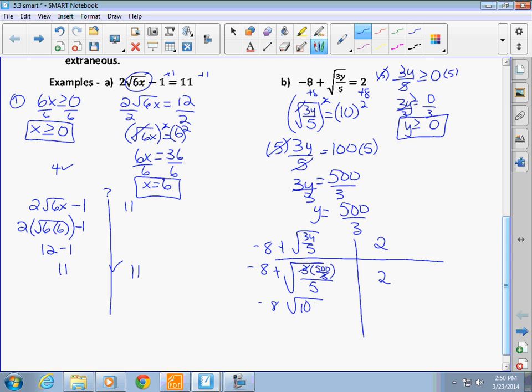So I've got negative 8 plus the square root of 100, so negative 8 plus 10, which equals positive 2. My right side equals positive 2, so my answer is right. So this is my solution.